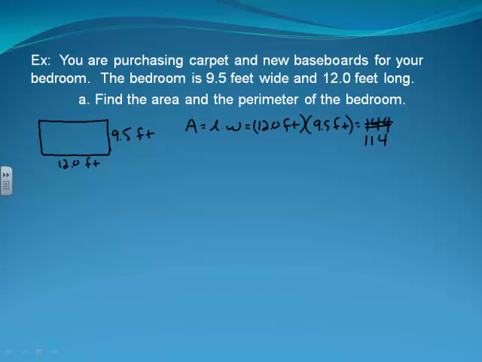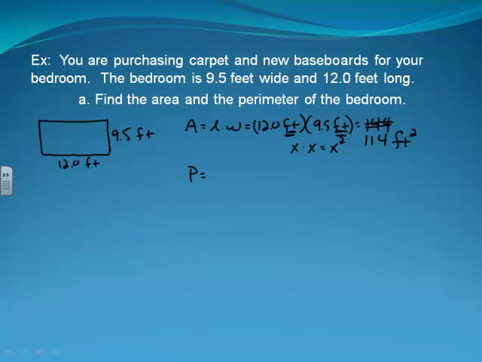Okay, now units, if you think about units just like variables, if instead of feet there you had x's, if you took x times x, that would give you x squared. Same thing is true with units. If you take feet times feet, then your units end up being feet squared. And so the area of this particular room is 114 feet squared.